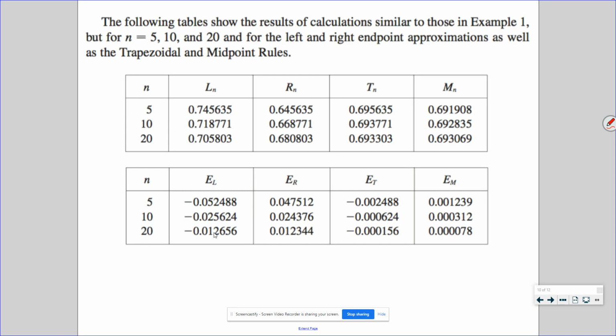Obviously, the error margins shrink when you have more rectangles because that means that you have a more accurate approximation. But if you compare those numbers to trapezoid and midpoint, it's pretty clear that actually midpoint is the most accurate of these 4 options, giving you the closest end result to the actual value.